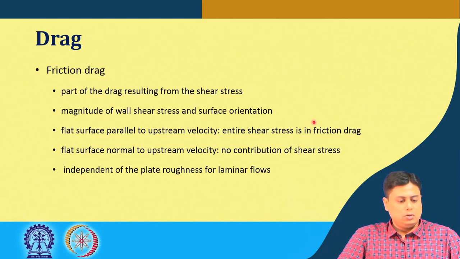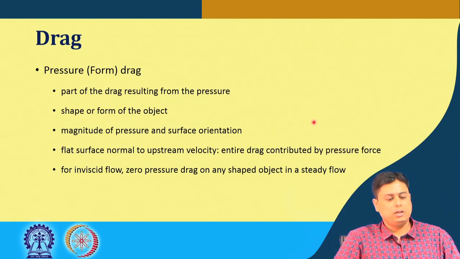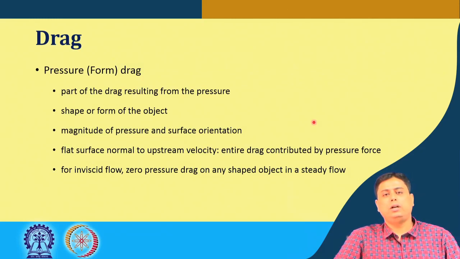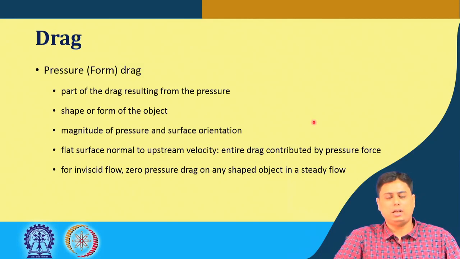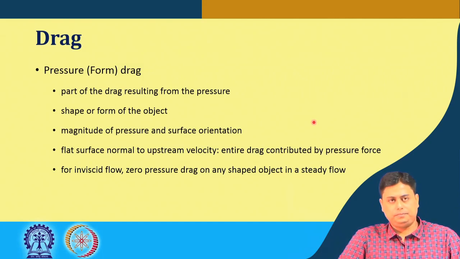So, the other drag is the pressure or the form drag. It is called form drag because it is dictated by the shape or the form of the object. It is the part of the drag resulting from the pressure, and its magnitude is dictated by the magnitude of pressure and surface orientation, similar to the skin drag.